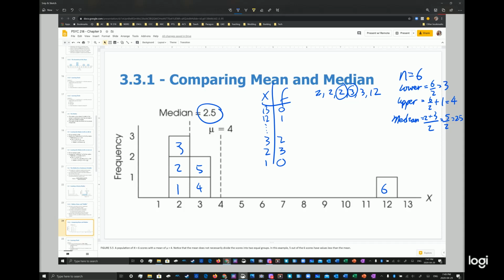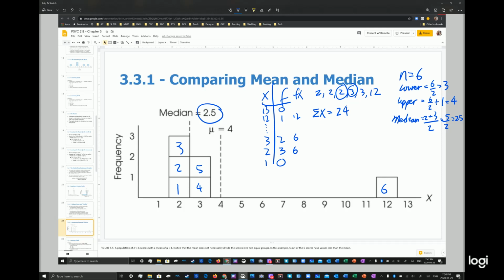So I'm going to add up all these scores: 2 plus 2 plus 2 plus 3 plus 3 plus 12. So here, sigma x would be, and I can make this a little faster, 12, 6, and 6. Well, that's 24. Again, you can check by adding all of these up. Well, 4 plus 2 is 6, plus 3 is 7, plus 3 is... Ooh, did I do this right?